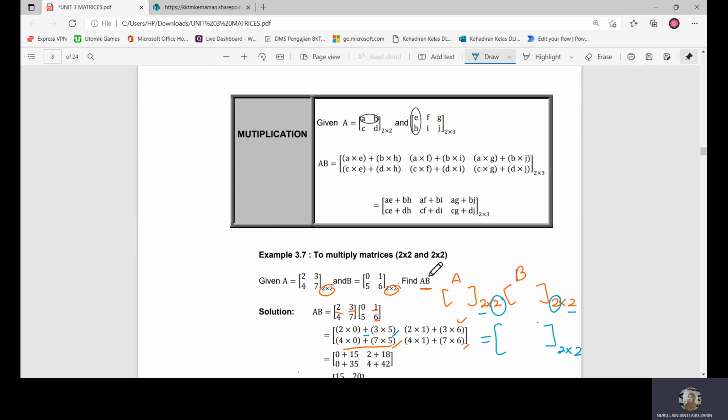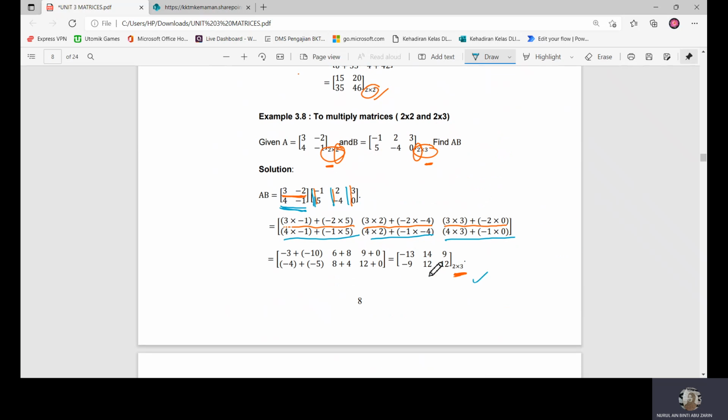If I try to highlight, you can understand that it has to start with row times column, row times column. If the dimension of this answer is 2 by 3, you can imagine that you will have 2 rows and 3 columns. Let's say AB is equivalent to matrix C.